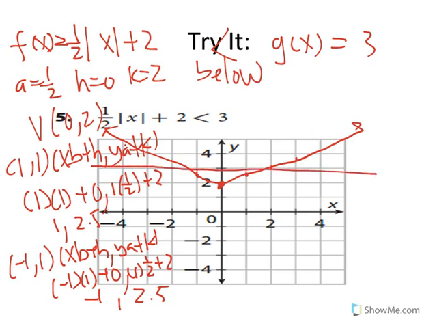So they intersect at this point and this point, but we want to be below the graph. So then this point is x is less than or equal to 1.5, and this point x is greater than or equal to -1.5. So we write x is greater than or equal to, there's no equal to, so my mistake, so let me erase the equal sign. So x is greater than -1.5 and less than 1.5.